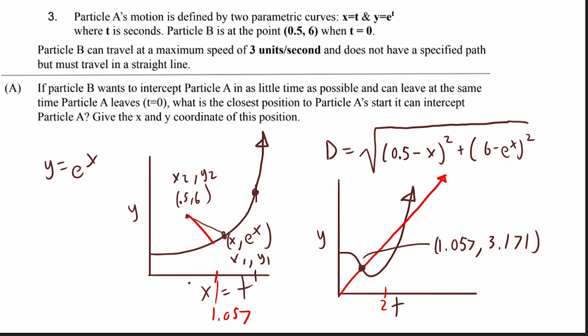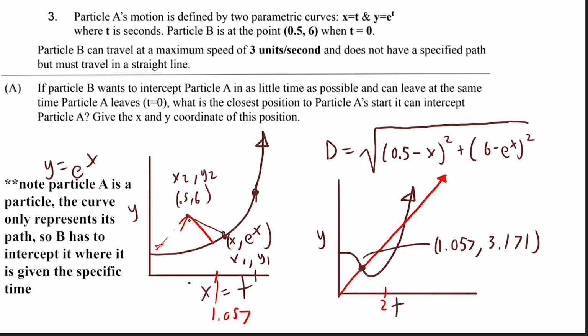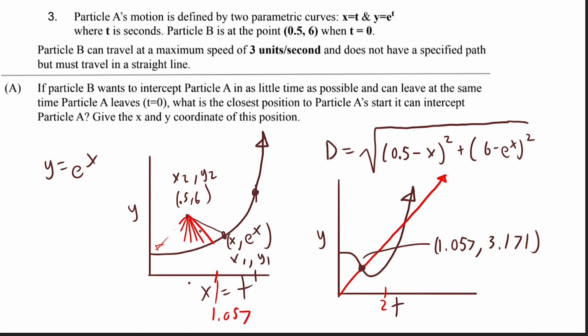Because before this, obviously at the very start, if it were to try and go back this way, it cannot travel at all. And then as time increases, it can travel farther and farther until finally it reaches the curve. And so that's the answer.